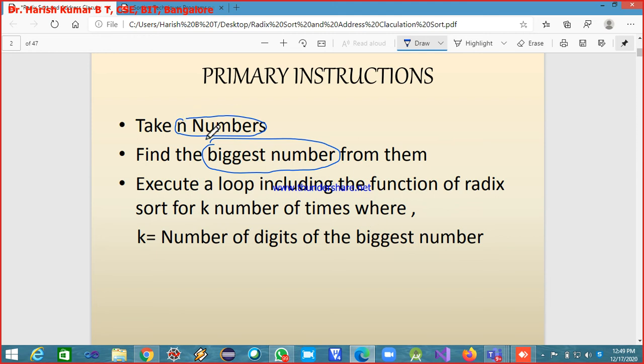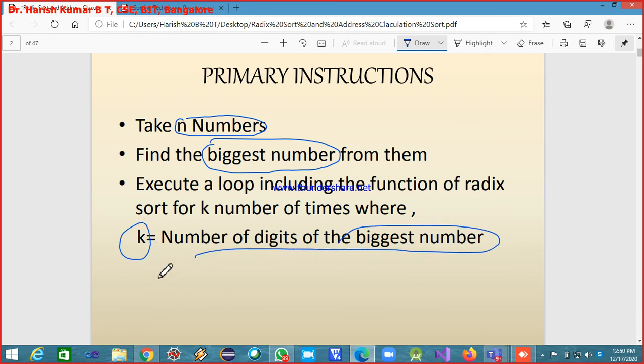So you take n numbers, find the biggest number, and after that you keep executing the loop, inside the loop the Radix Sort, for how many times? K iterations, where k is the number of digits in the biggest number.